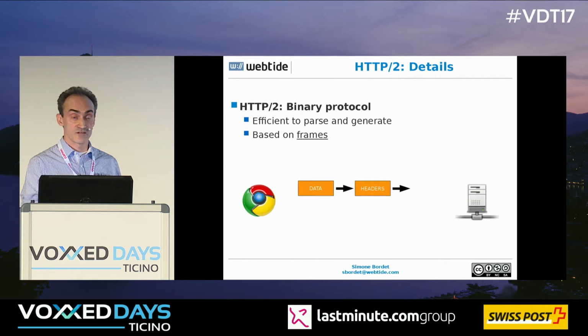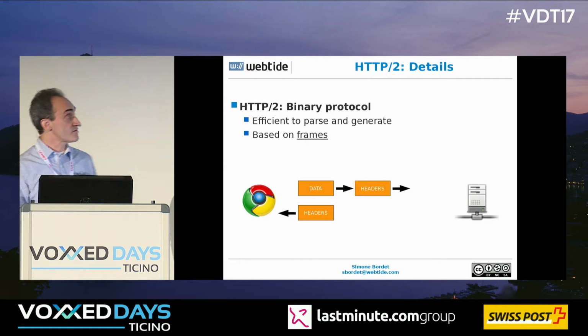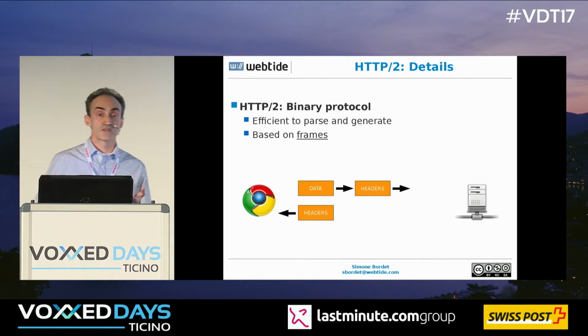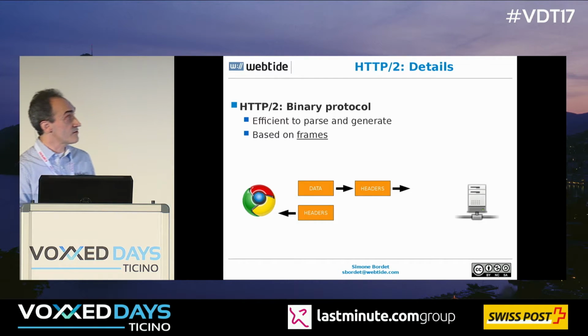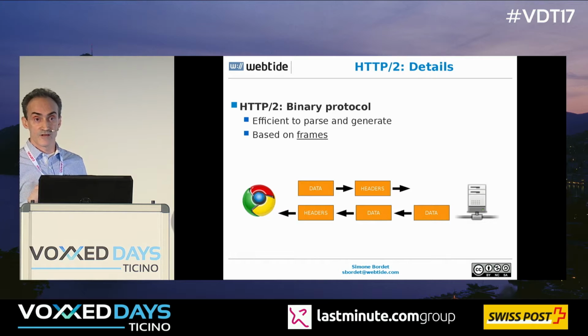And then sends them to the server. And the server replies with another headers frame, but this time this header frame contains the response headers and the status code and stuff like that. And of course, the content that is related to the resource that is being requested.